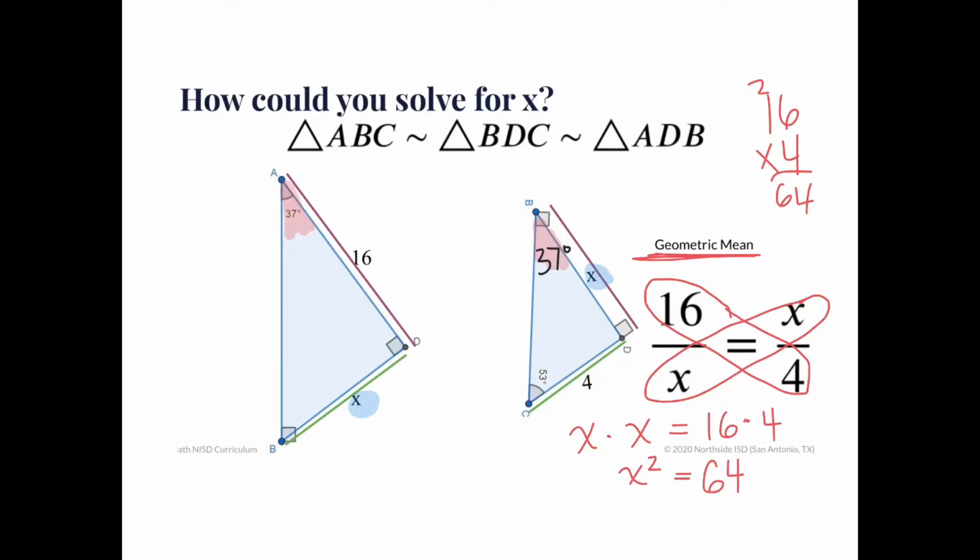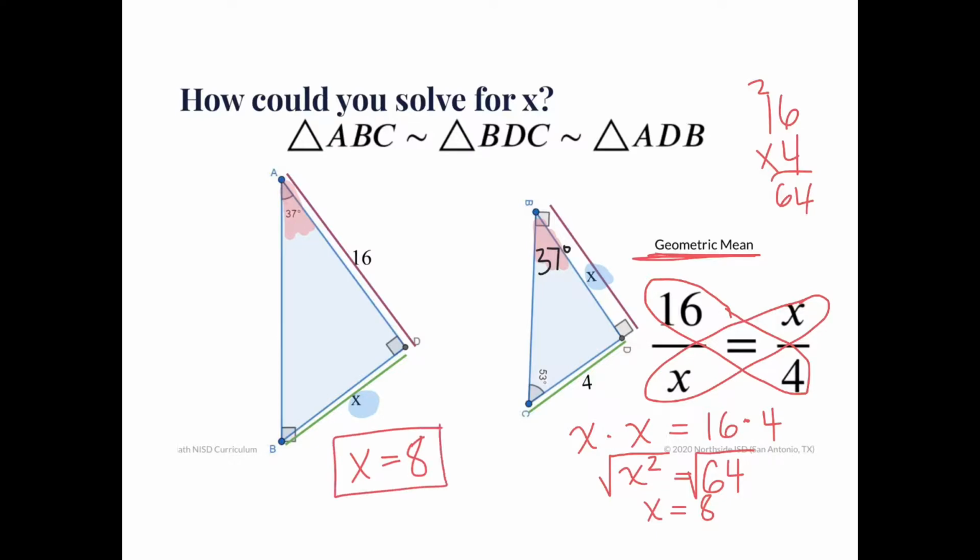Now, this is very important to realize: we have x squared, to the exponent of 2. If I want to solve for x, I need to take the square root. I'm not dividing by 2. I need to take the square root. The square root of 64 is 8. So this x has a value of 8.